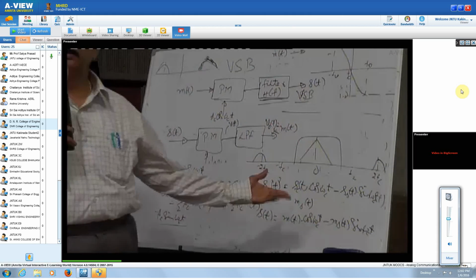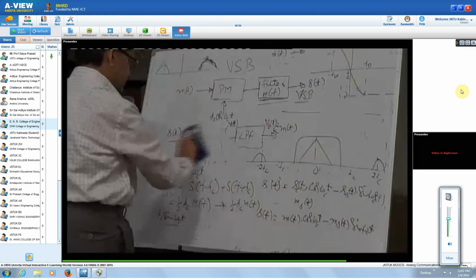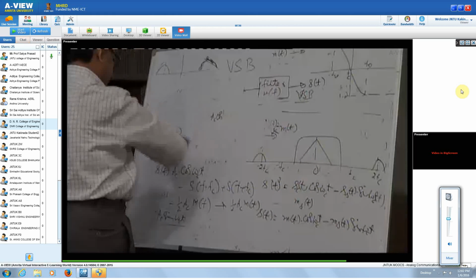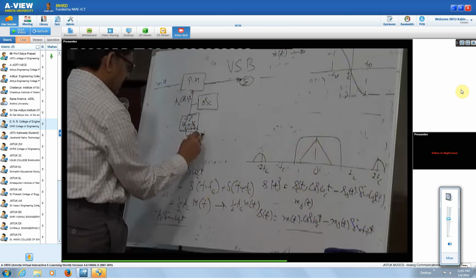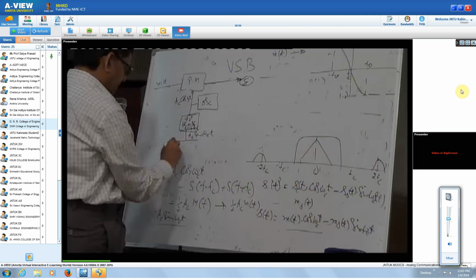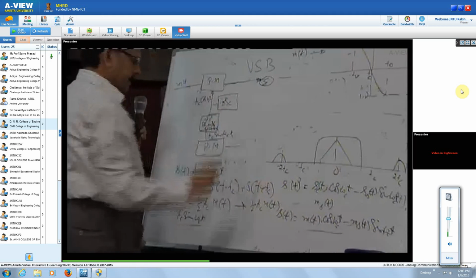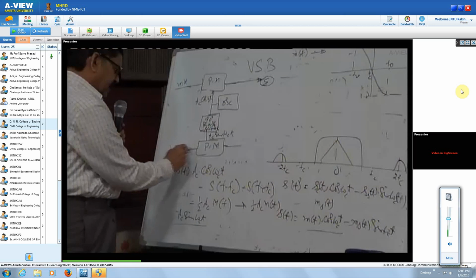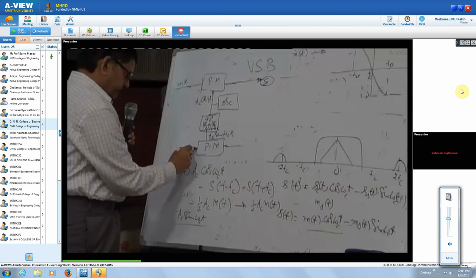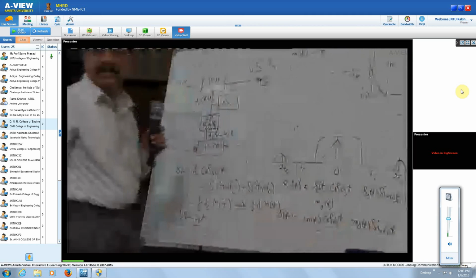So how to generate the VSB signal? You can draw the block diagram. The carrier will be equal to AC sin omega ct. Use this for another product modulator. And what should be the input? Another input for this is ms of t into sin omega ct.